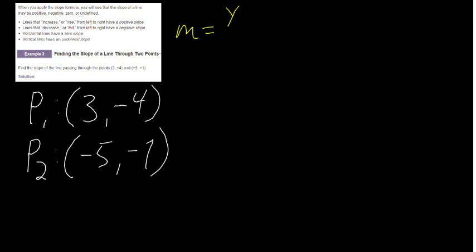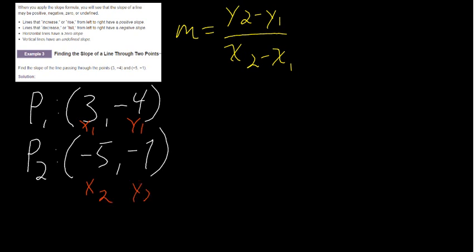It is y2 minus y1 all over x2 minus x1. So this is x1, this is y1. These are the first point, so they're noted as x1, y1. This is the second point, so it's noted as x2, y2.